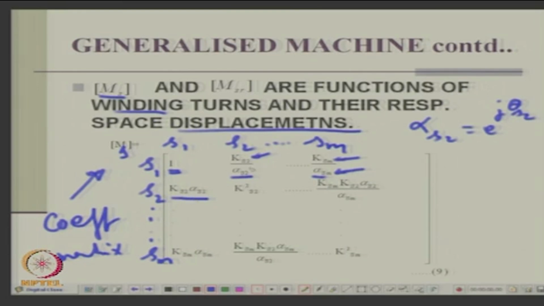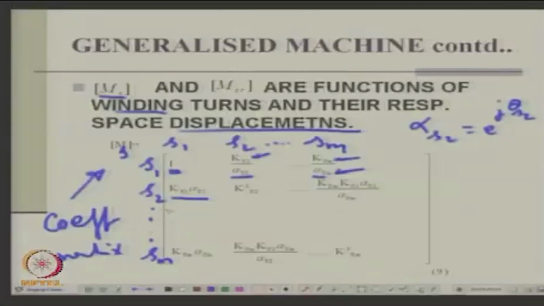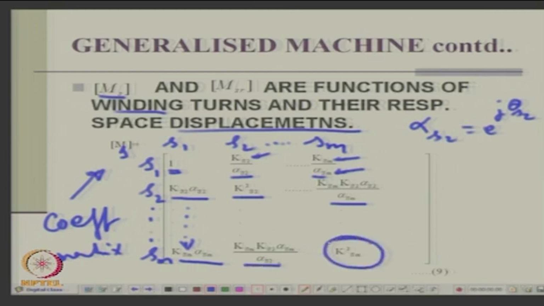So, from the second winding to the first winding the voltage will lag, and from second to one it will be leading by the same angle. So, we can have this. Now, the mutual between the second and second will be proportional to the square of its own turns, Ks2 square, and you can go on writing between S2 and Sm as Ksm Ks2 alpha S2 by alpha Sm etc. With the same logic you continue up to here, then the last term will be Ksm square.